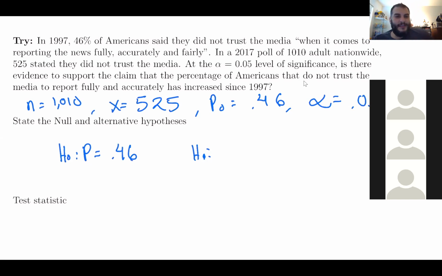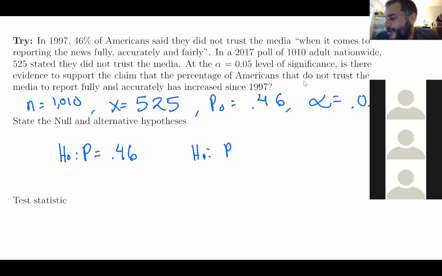So you get H0, the null hypothesis, p is equal to 0.46. The null hypothesis is just stating we still believe that 46% of Americans don't trust the media when it comes to reporting the news. It's saying that percentage is still relevant today.